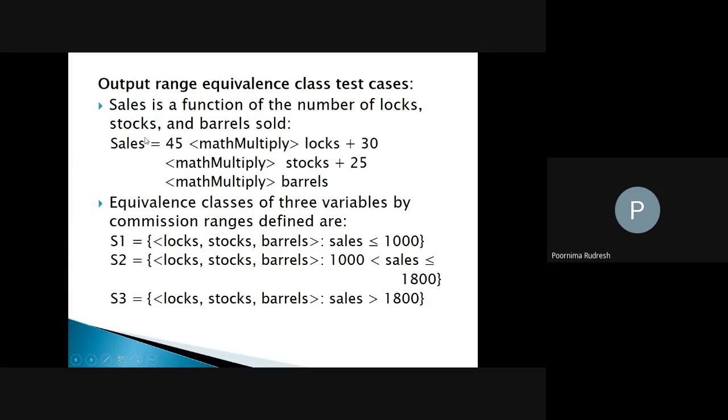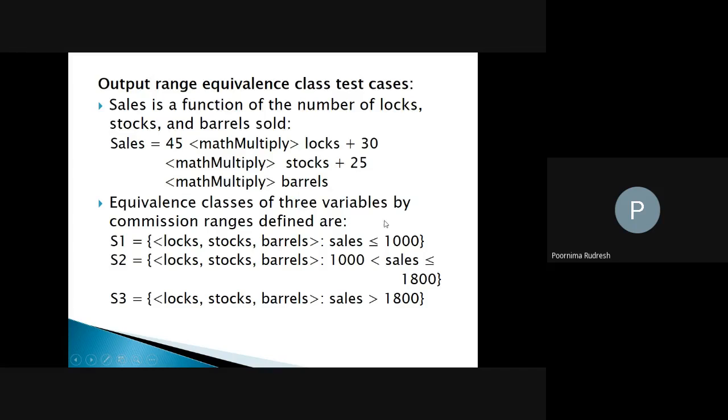So they are given the sales, right? The sales is a function of the number of logs, stocks, and barrels sold. Based on that, we are going to calculate the commission, and the commission will be distributed to the salesperson. So if sales is equal to 45 logs plus 30 stocks and 25 barrels, then we have to calculate the total sales, right?